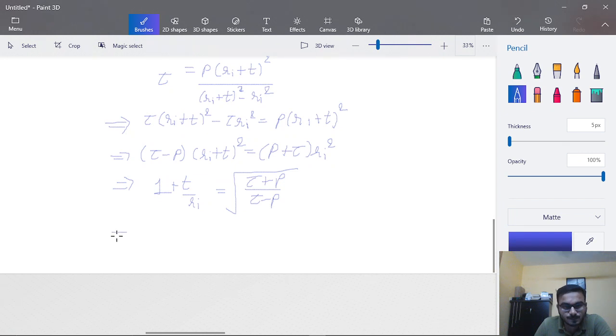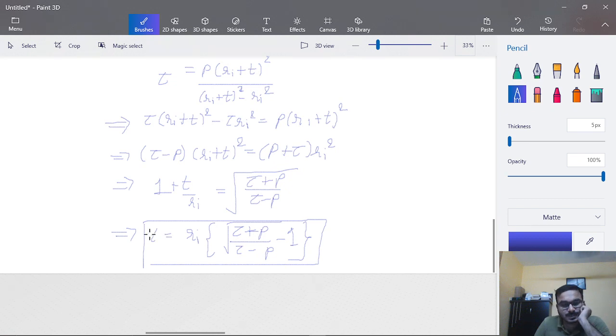So now T is equal to Ri into square root of tau plus P divided by tau minus P minus 1. So this is the equation of thickness. This is T.